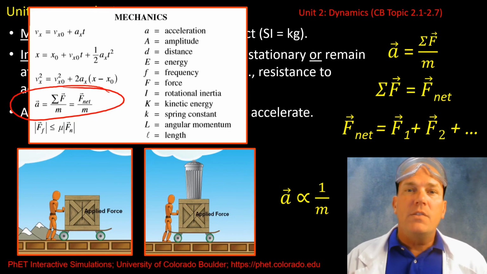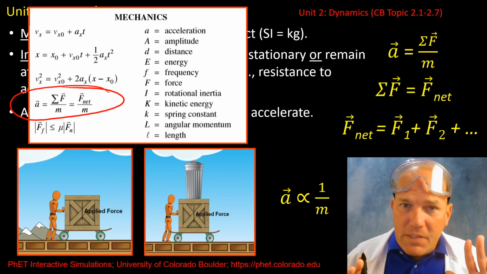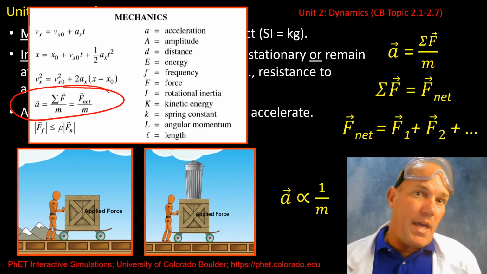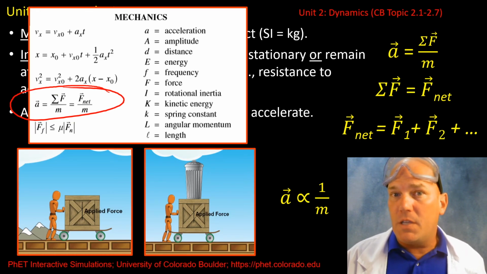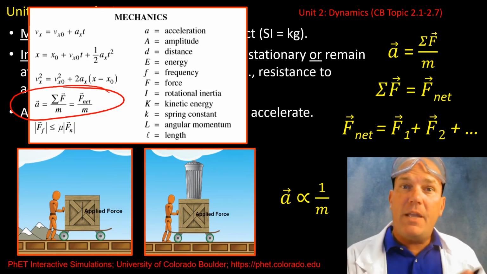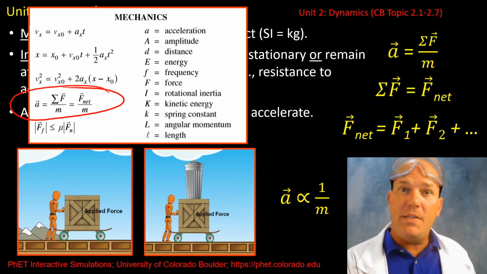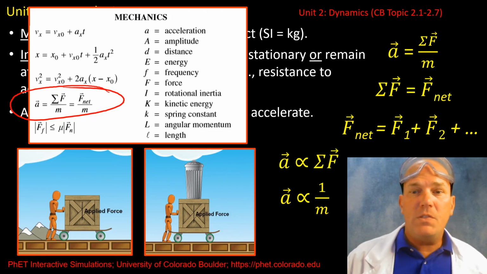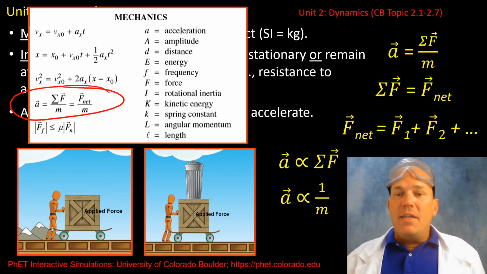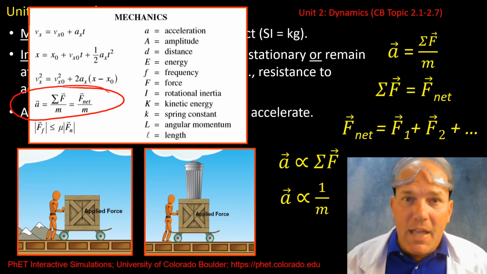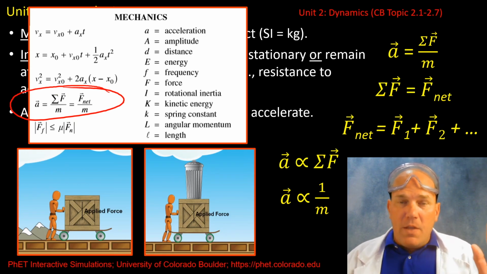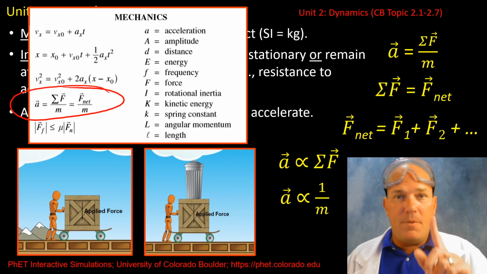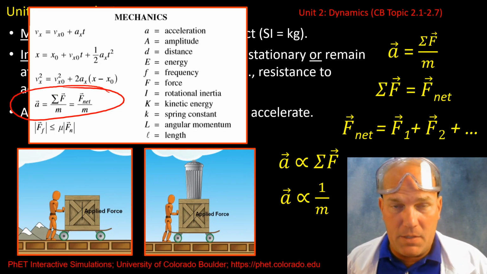All right, so if the man applies the same force in both images, which object will have a greater acceleration? That would be the crate, because the crate has less mass, and we know that the force applied is going to remain constant for both. So if the force goes up, the acceleration goes up for a given object.